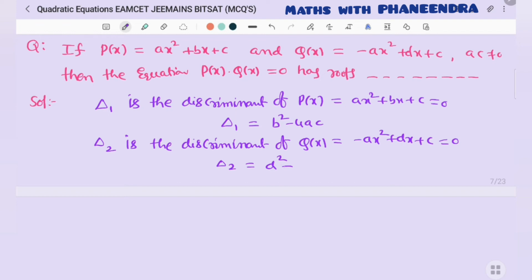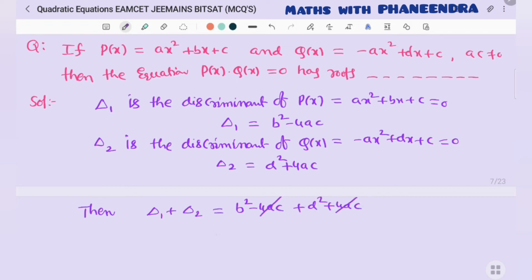Observe carefully. They are asking p of x into q of x equal to 0. That means the product of two quadratic equations, p of x into q of x. Therefore we need to add the discriminants. Delta 1 plus delta 2 is equal to b square minus 4ac plus d square plus 4ac.